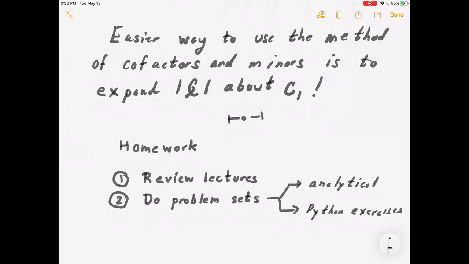The first problem set will get you started on importing Python on your platform, be it Mac OS 10, be it Microsoft operating system, or be it Linux.